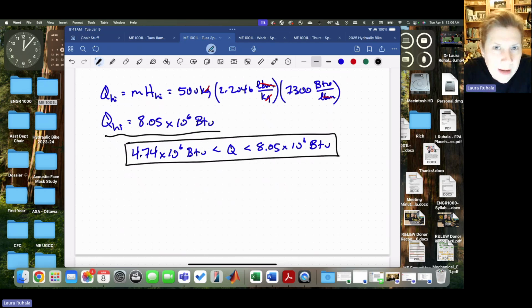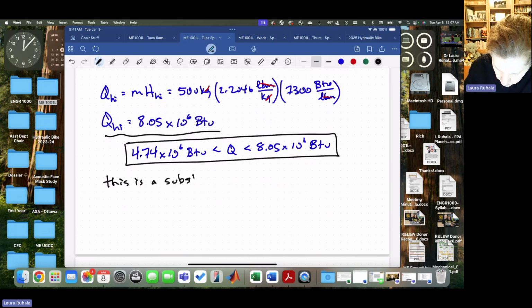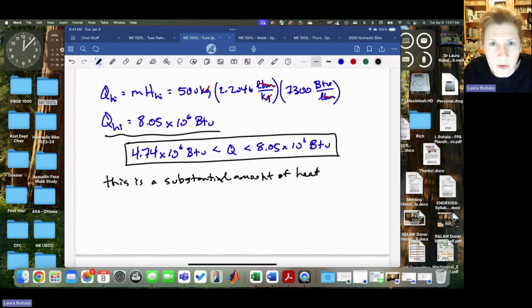If we burn the biomass, is it a lot of heat? Well, it's a substantial amount of heat, but not as much as you'd get if you burned wood or fuel or coal.